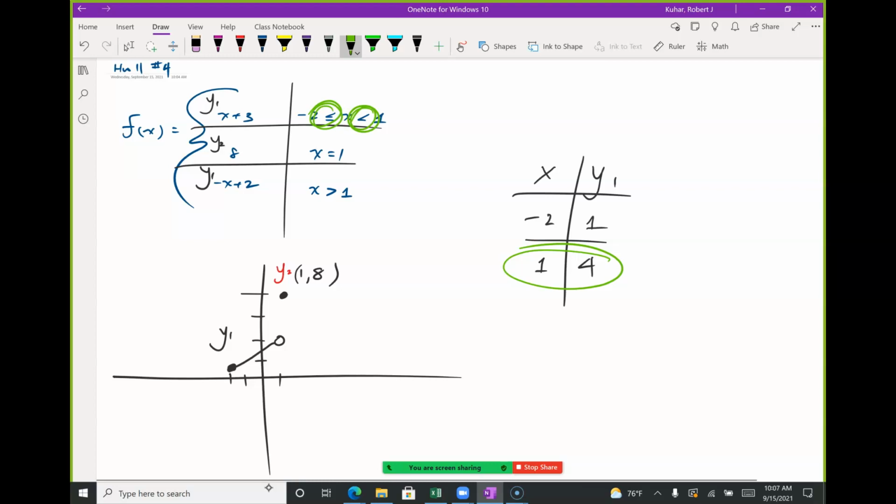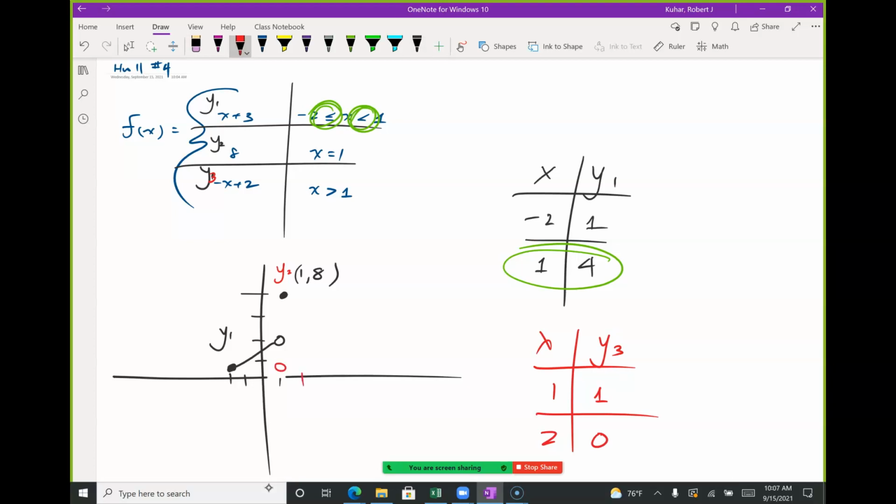Yep. So for y3, again, I just need 2 points. I'm going to pick the first point as 1, and the second point I'll pick as 2, right? So at 1, I get 1, and that should be empty.